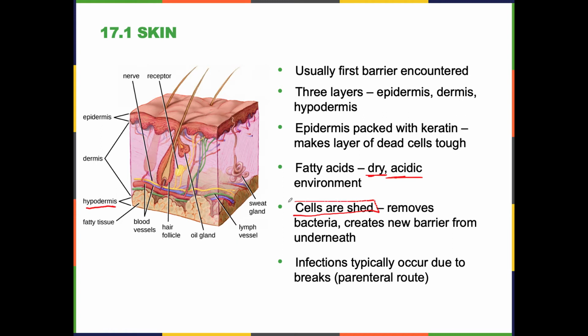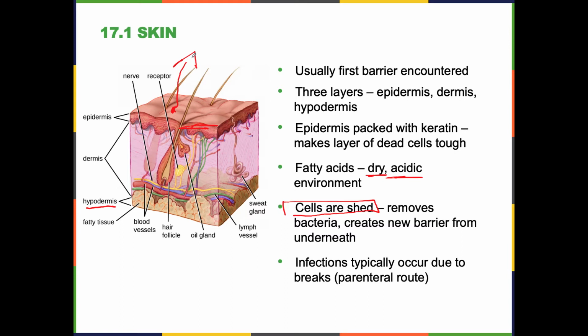I think we all learned this before. On top we have this layer of dead cells, and they're constantly shed. So if a bacterium, an evil pathogen, happens to land right there, eventually that skin cell is going to be shed, and the bacterium floats away with it.